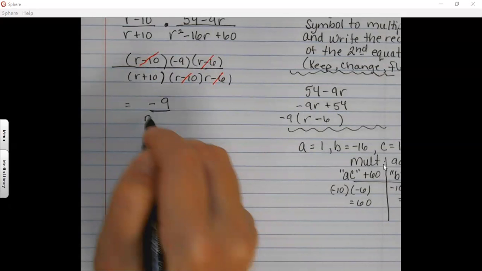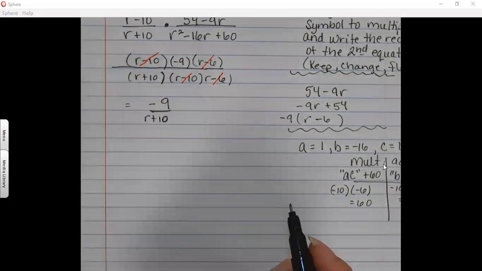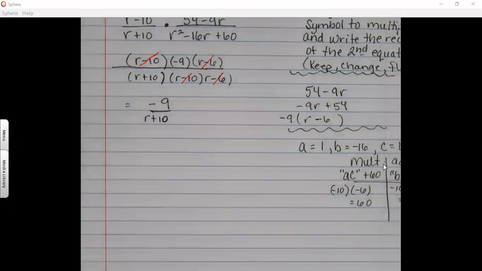Now, when you write your restrictions, I'm questioning myself about this right now because I'm looking at the answer key and they only have the restrictions as positive 10, negative 10, and positive 6.